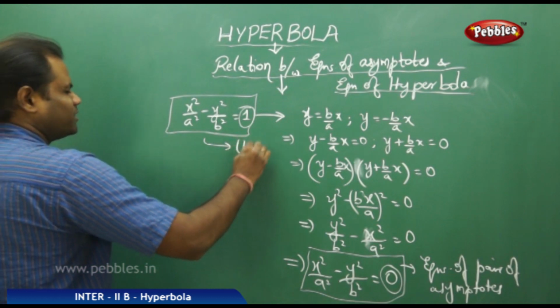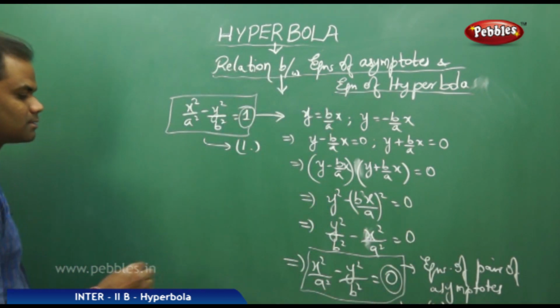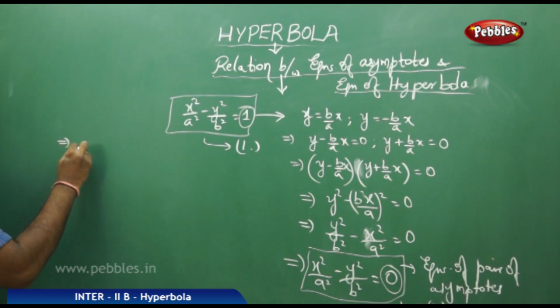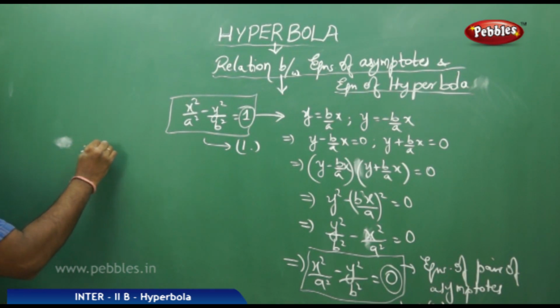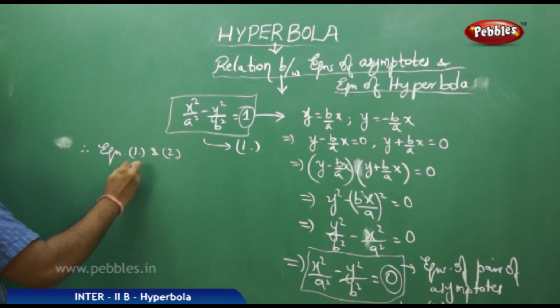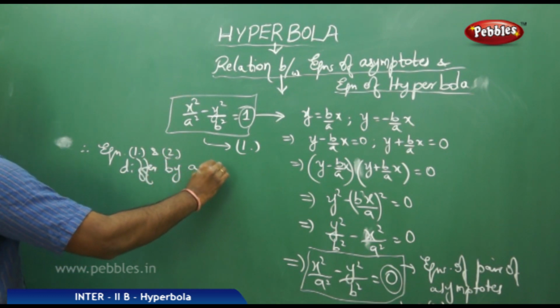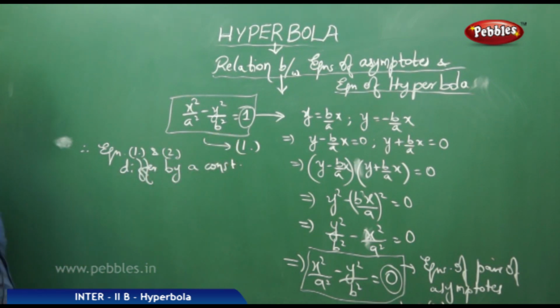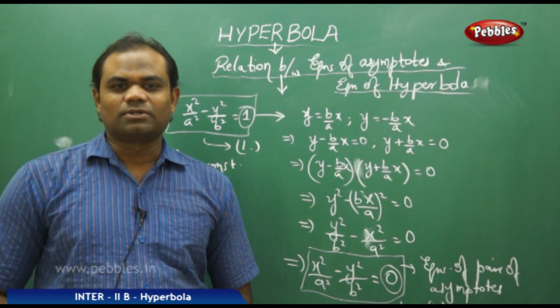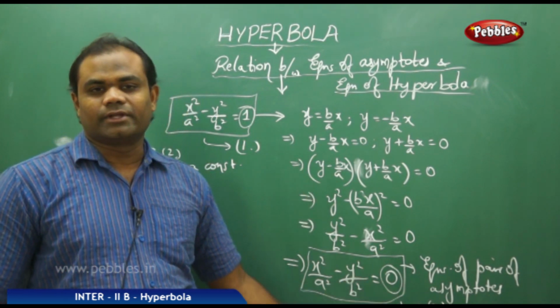So this is equation 1 and this is equation 2, therefore equation 1 and 2 differ by a constant. That is, the pair of asymptotes always differ by a constant, here equated to 0.